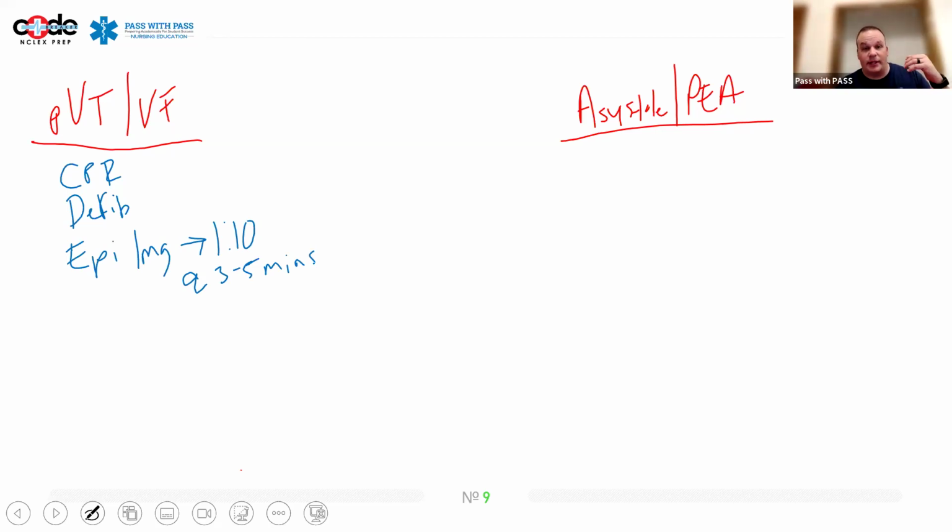It's not that common that we just give medications without any maximum dose, right? Unless your protocol dictates that, ACLS doesn't dictate a maximum dose of epinephrine in a cardiac arrest. So we're going to give 1 milligram of our 1 to 10,000 epinephrine via IV push or IO every 3 to 5 minutes for the duration of the cardiac arrest.